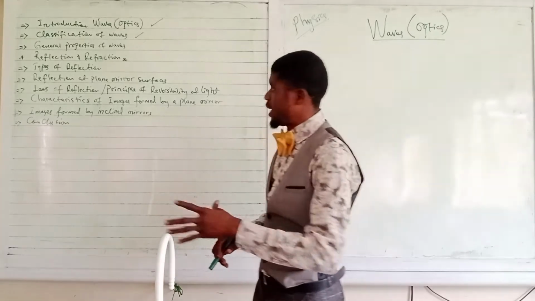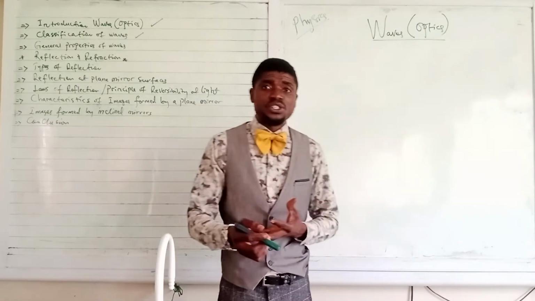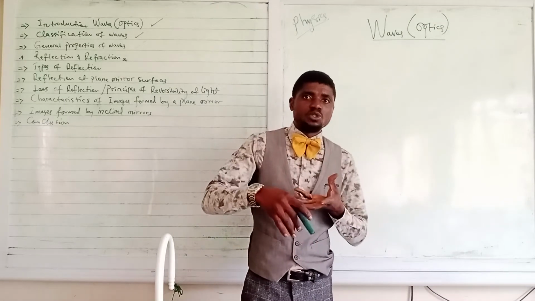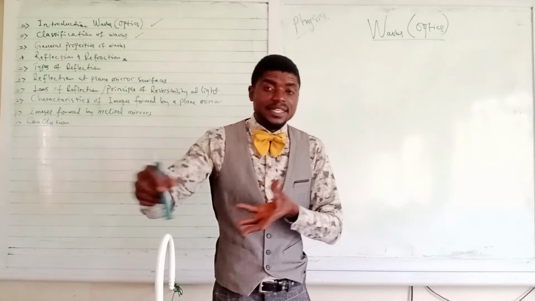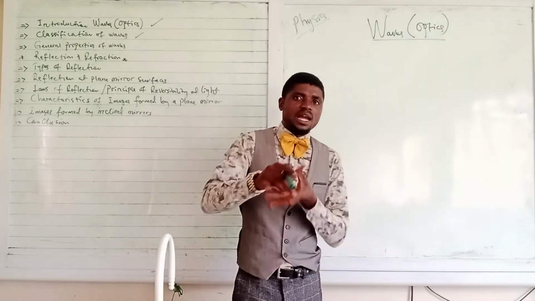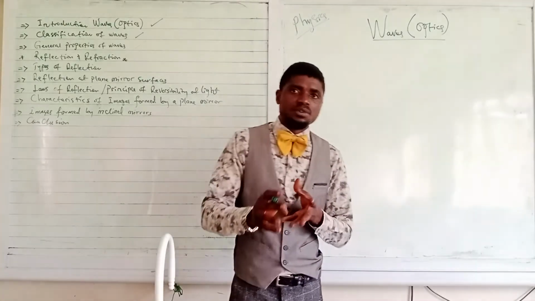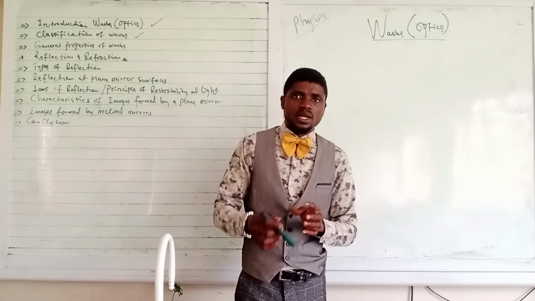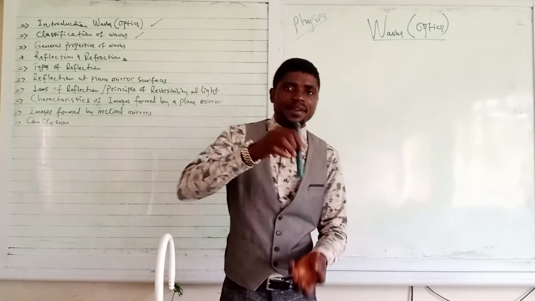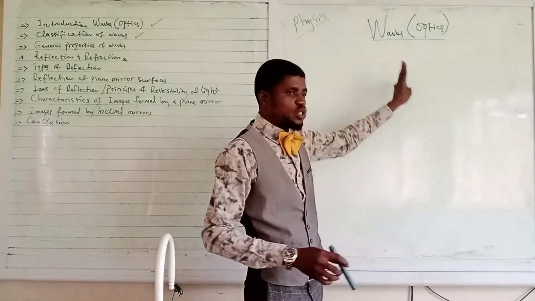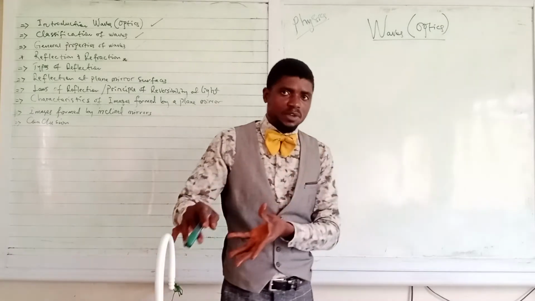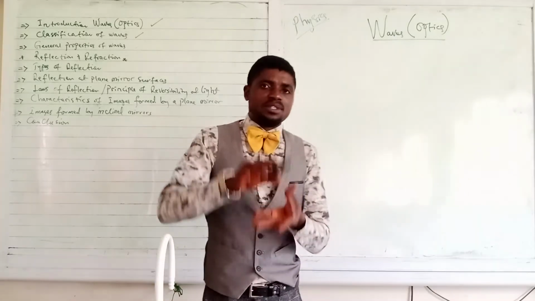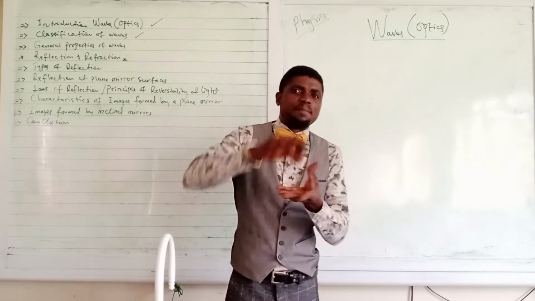We want to look at the last classification of waves, which is based on direction of travel of the wave. Here we talk about longitudinal waves and transverse waves. Longitudinal waves are those waves that travel in the direction that is parallel to the direction of their propagation. Examples of such waves are waves on a spring. However, light waves, which we call transverse waves, travel in the direction perpendicular to the direction of their propagation.